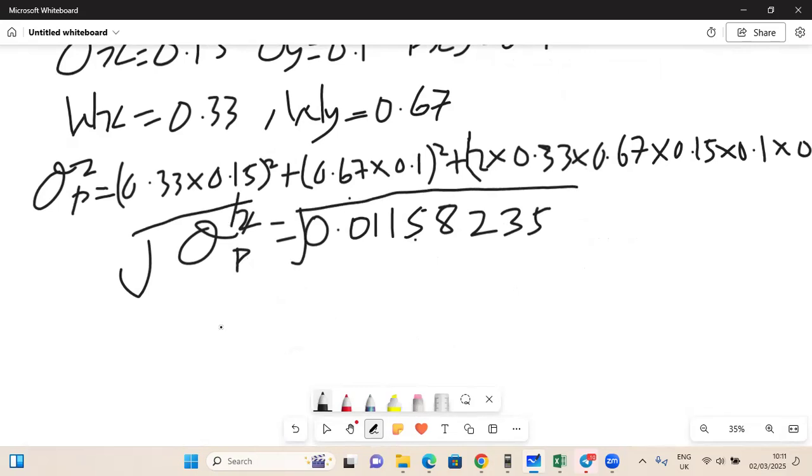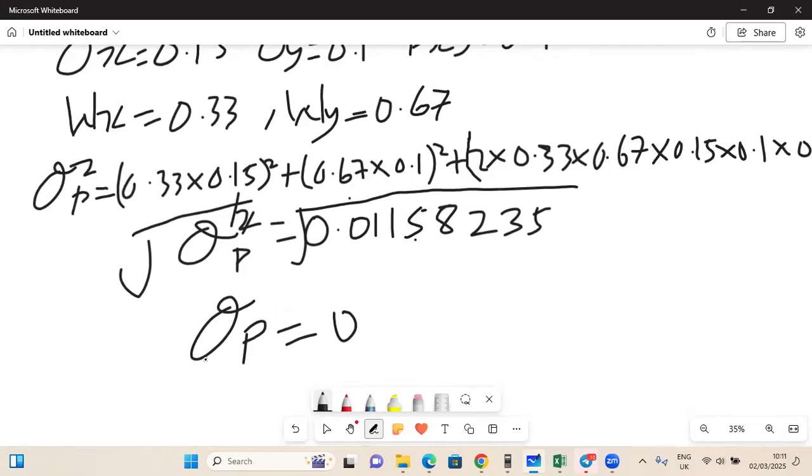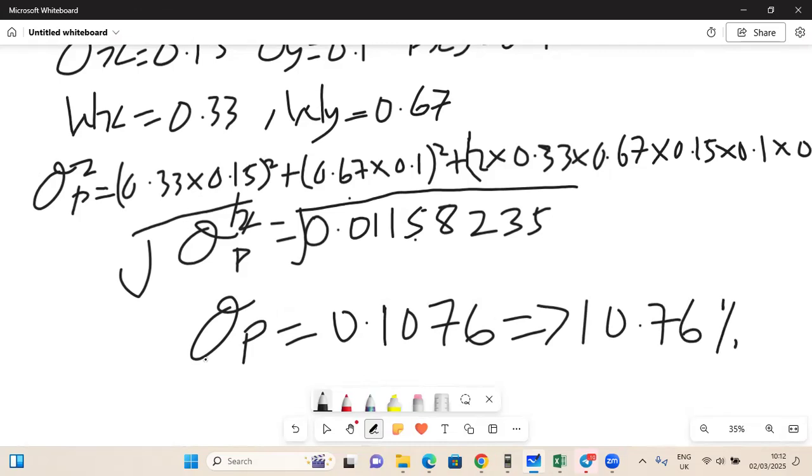So this will cancel this, right? So this is going to be 0.1076. It is equivalent to 10.76%.